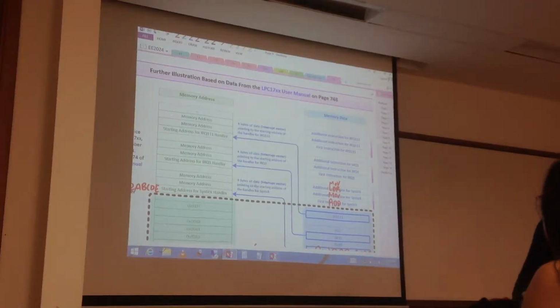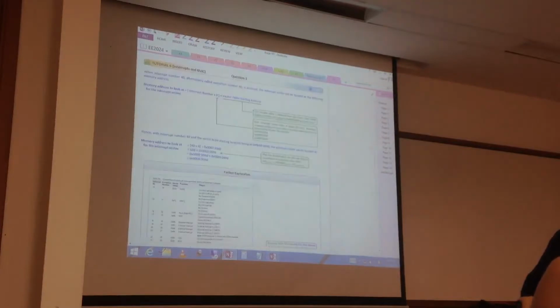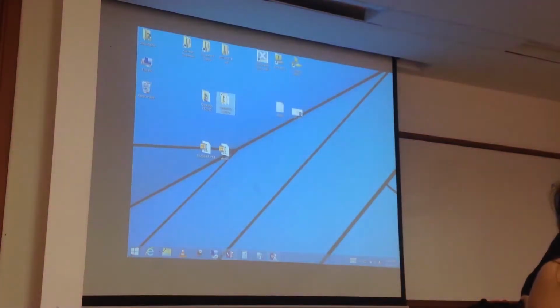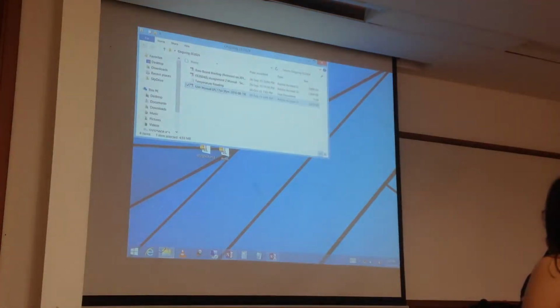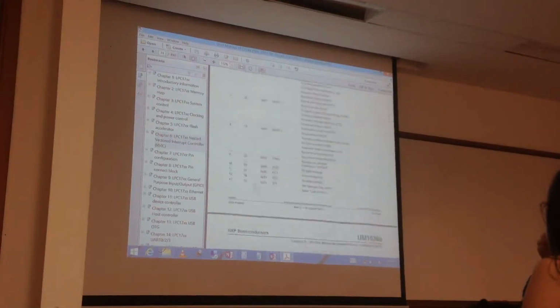So if it comes from IRQ1, well, what is IRQ1? You have to look at the user manual also. So let's look at the NVIC.